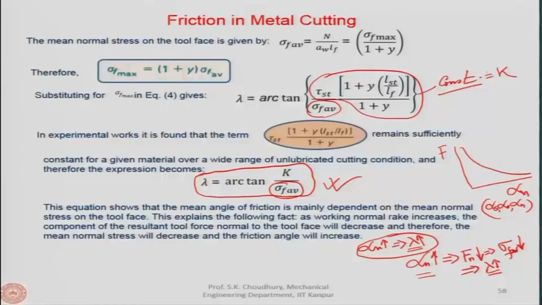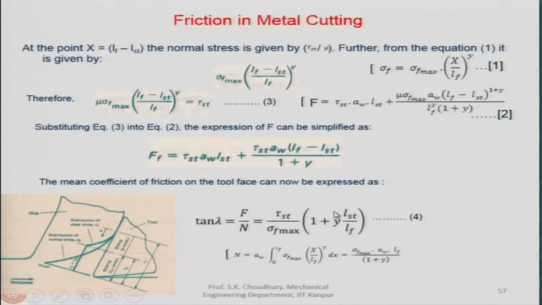As we have shown, in the sliding zone the mu remains constant, and in the sticking zone the mu does not remain constant. So, within that he has shown that mu has to be some average value.